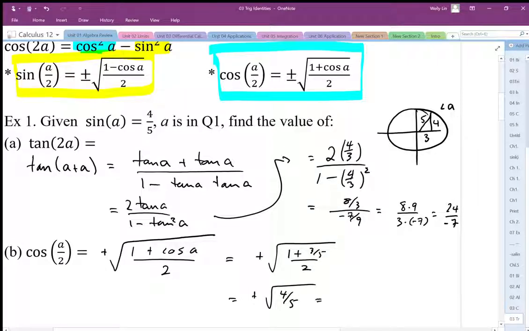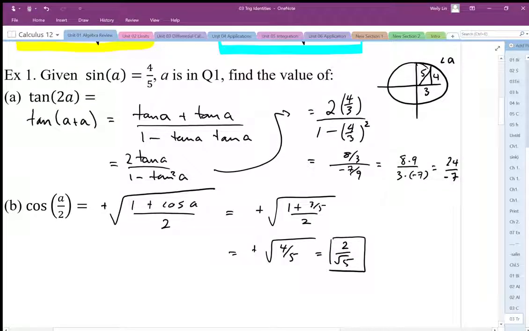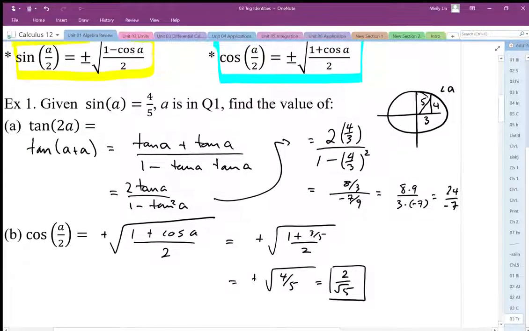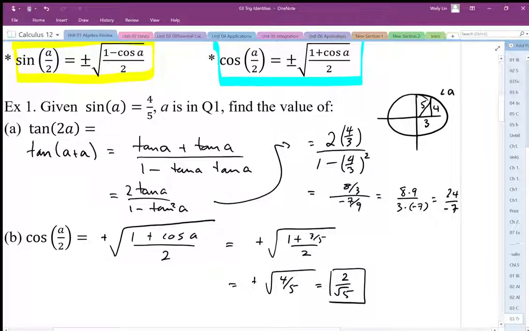So it's going to be 2 over root 5 when I simplify that down. Okay, just double checking my work here. Yeah, 1 plus 3/5 is 8 over 5, divided by 2 is 4 over 5. Yeah, that looks like it's correct.